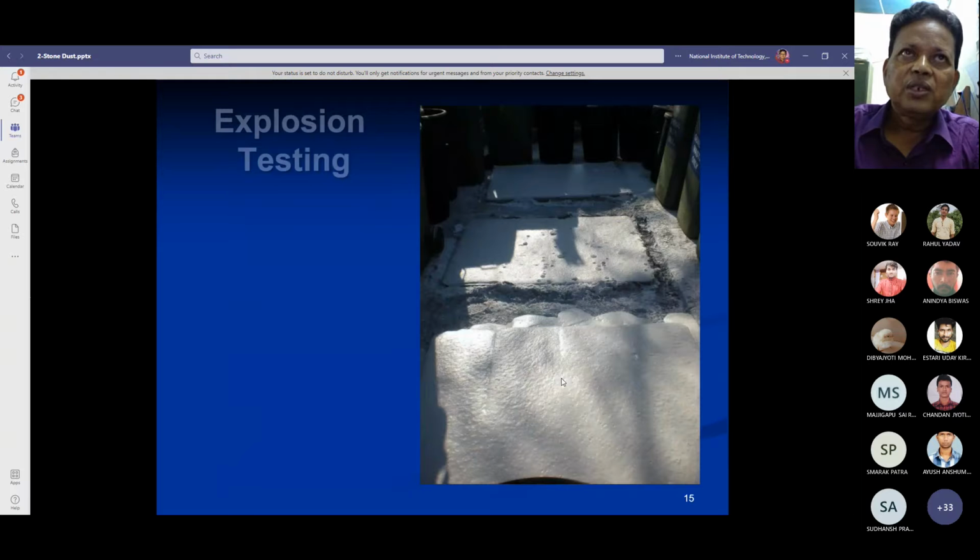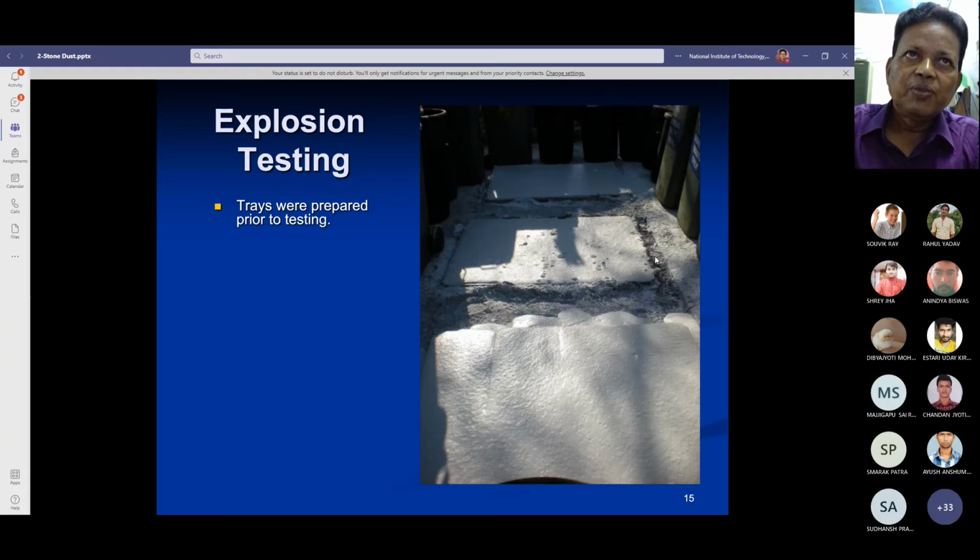So these are the stone dusts, the white powdery form. These are the explosion testing trays. Trays were prepared prior to testing.